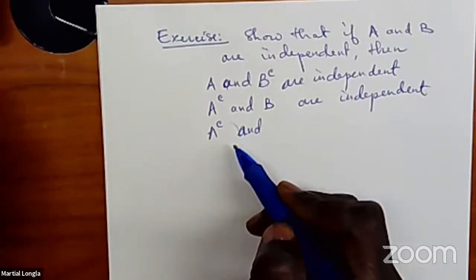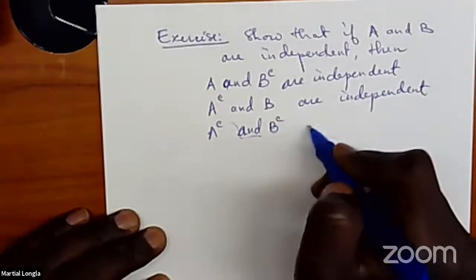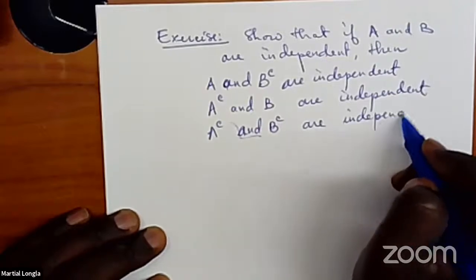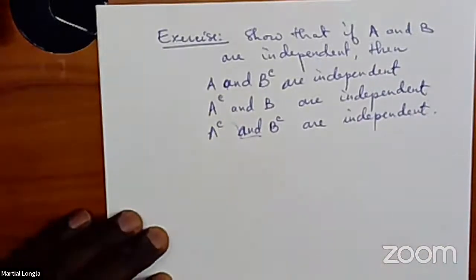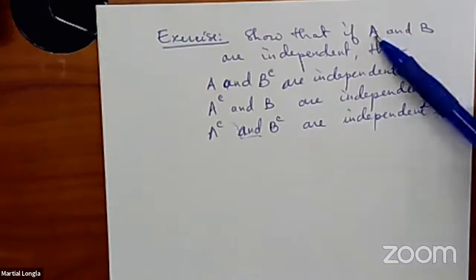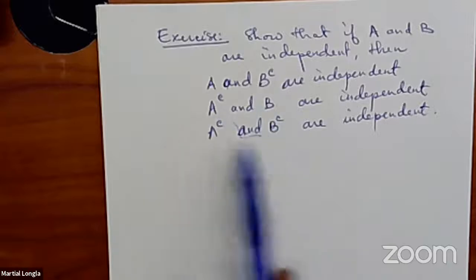Because that would be the intersection, but I need to put the word. And B complement are independent as well. So this is a fact that you all used in that problem, but we never proved this fact. It's another problem in the textbook. Show that if these two events are independent, then these two are independent, these two are independent, and those two are independent as well. Okay.